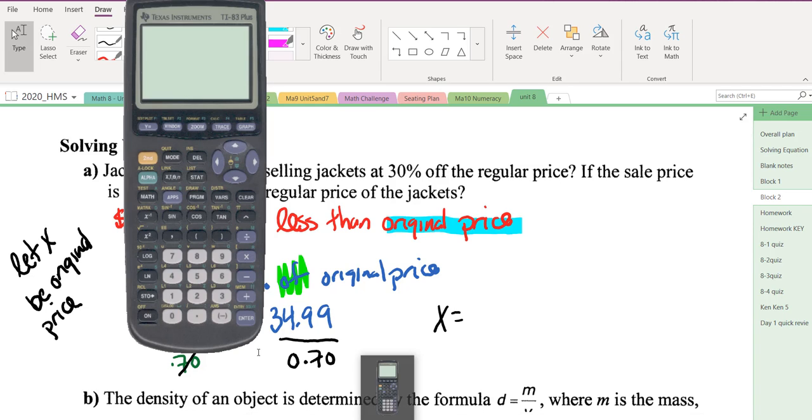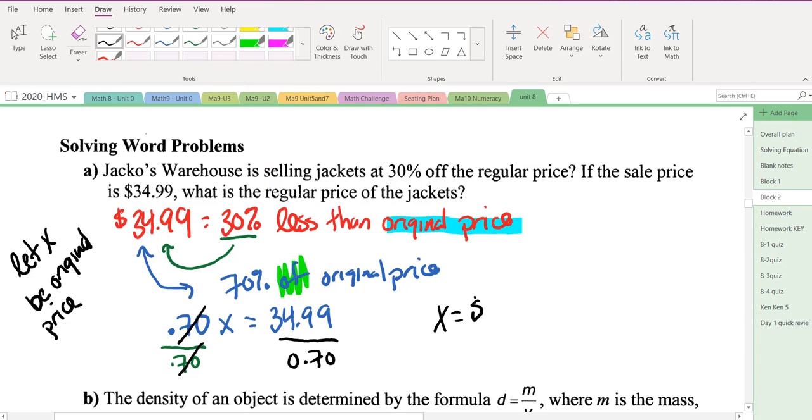So we start it up. So we go $34.99 divided by 70%. So the original price is $49.99. Right? So we're talking about money, so we need dollars and cents. So we're going to go to two decimal places.